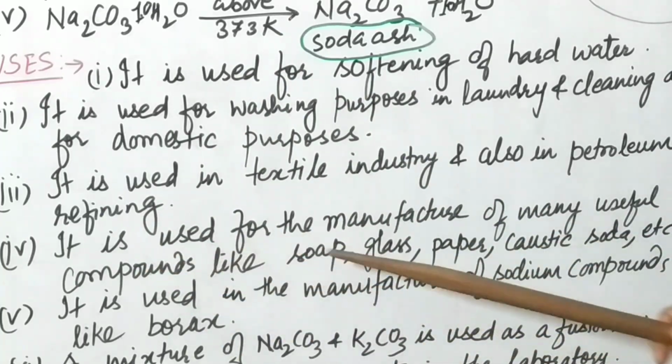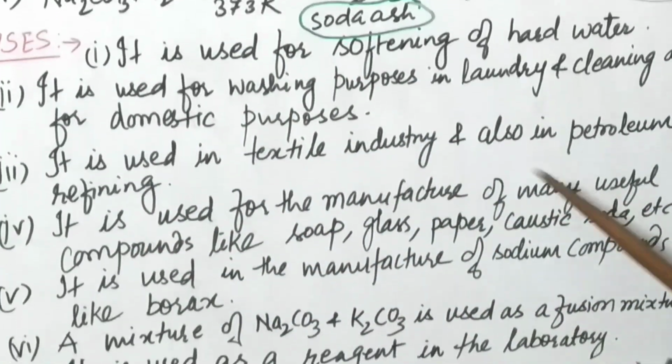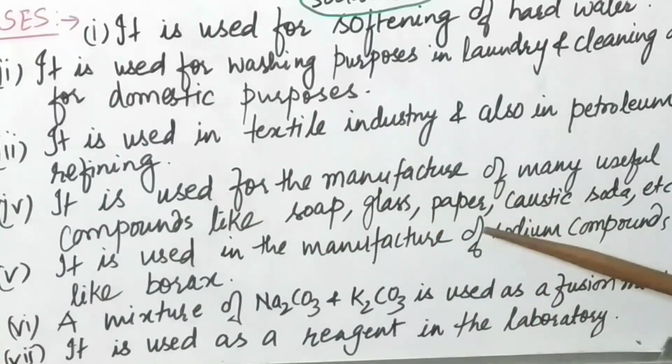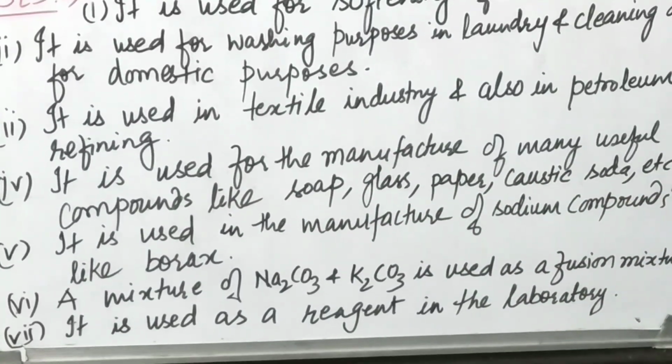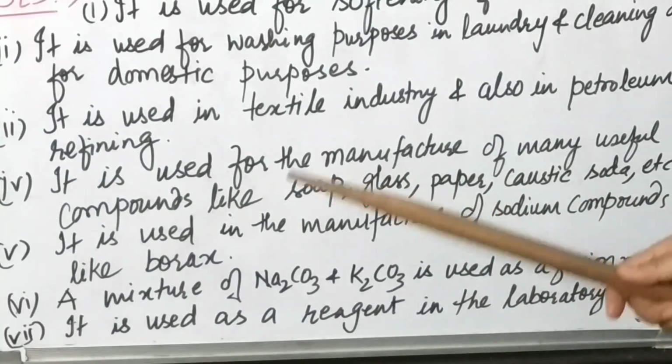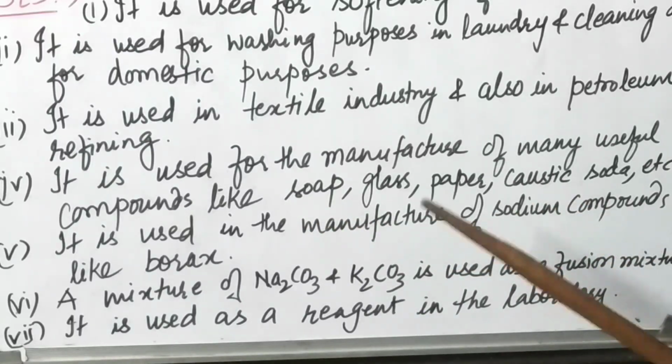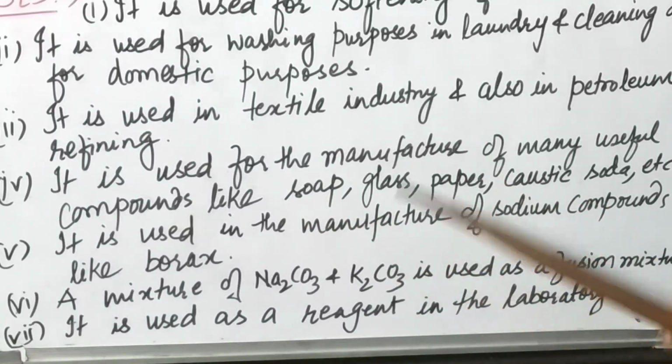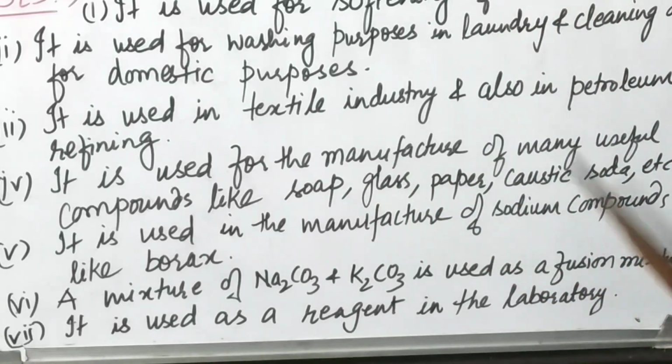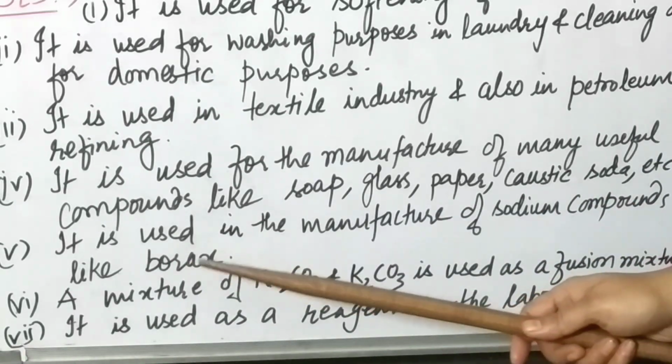Fourth, it is used for the manufacture of many useful compounds like soap, glass, paper, caustic soda, etc. We have already seen how caustic soda is prepared, so we know that this is also used for its preparation. Fifth, it is used in manufacture of sodium compounds like borax.